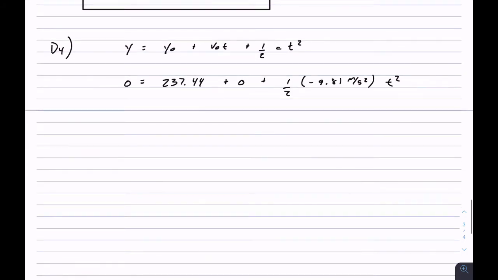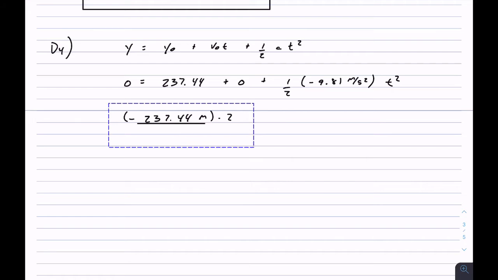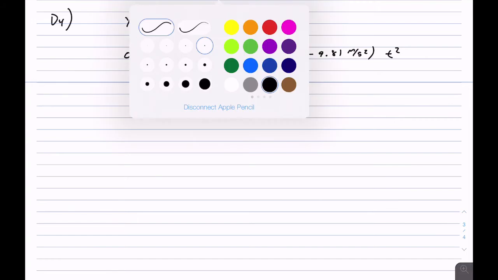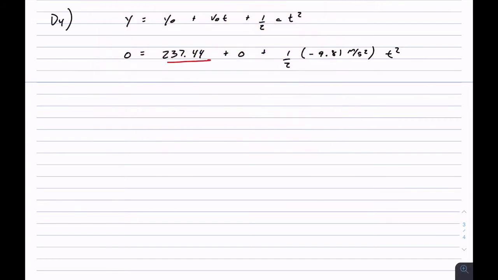Okay, so now what we're left with is negative 237.44 meters over, well, we need to multiply this by 2 because we're solving. I'll be more explicit here. Let's do this so that you can see what I'm doing. So I take this to the other side.